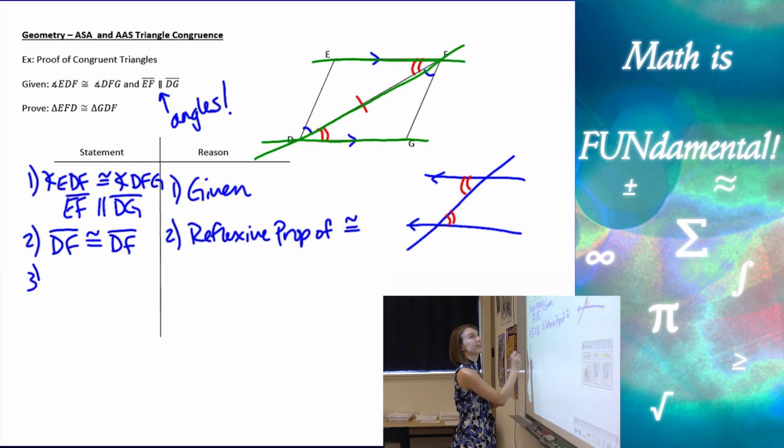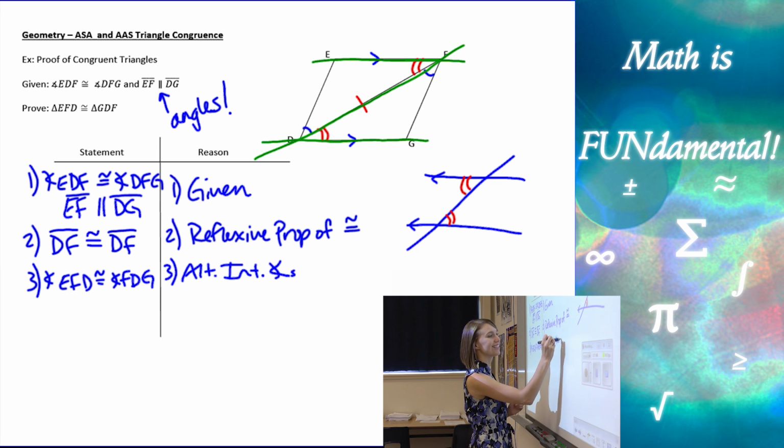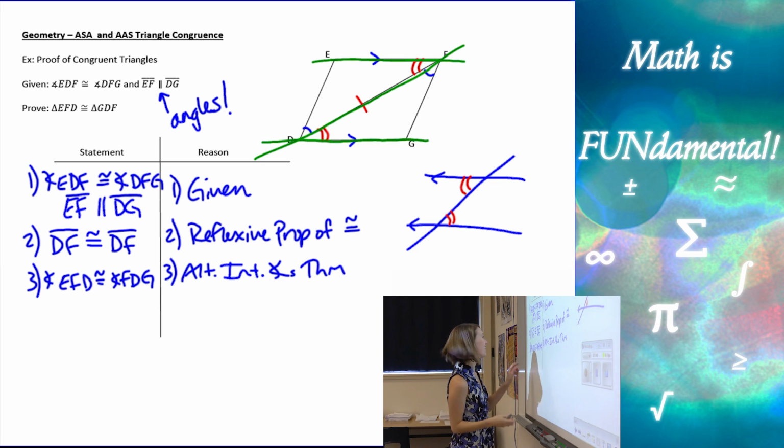All right, so let's see. We have angle EFD is congruent to angle FDG by the alternate interior angles theorem, abbreviating a lot of things.